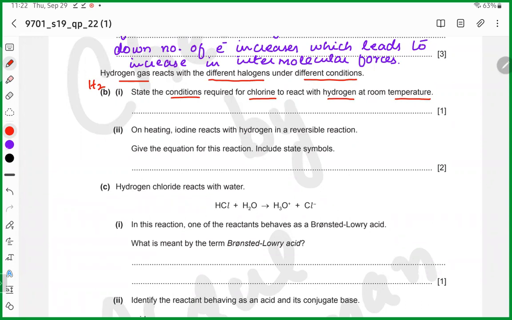Can anybody tell me which conditions are needed at room temperature? Remember, to react chlorine with any other gas, like we do in organic chemistry with methane, we need ultraviolet rays or UV light. So the answer will be UV rays.